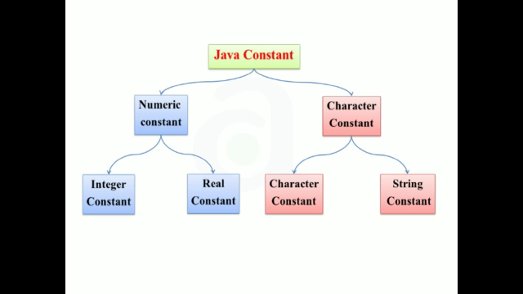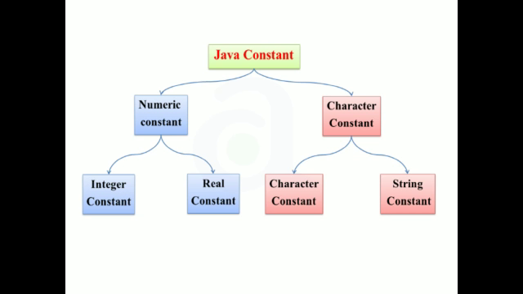Octal integers consist of a combination of digits from 0 to 7 with a leading 0, whereas hexadecimal integers are preceded by 0x and they range from the digit 0 to 9 and from alphabets A to F. The alphabets A to F represent the numbers from 10 to 15. This is all about the numeric constants.